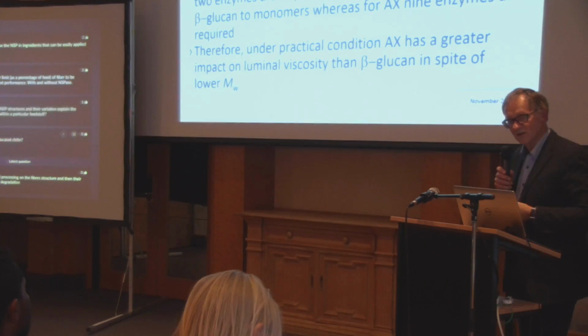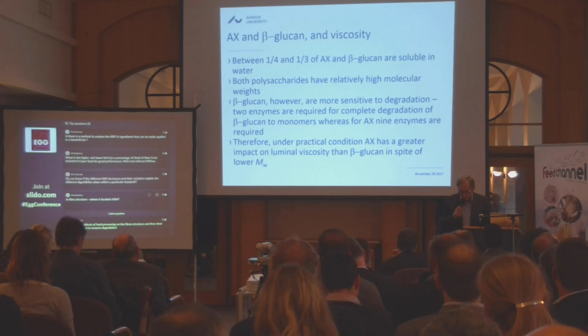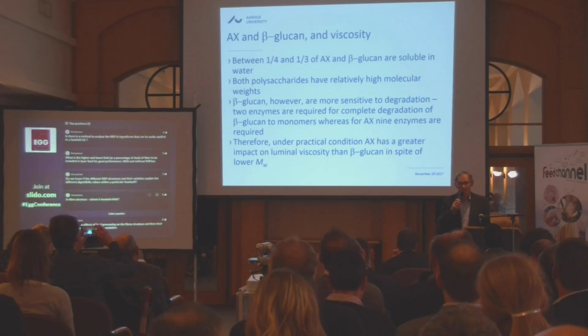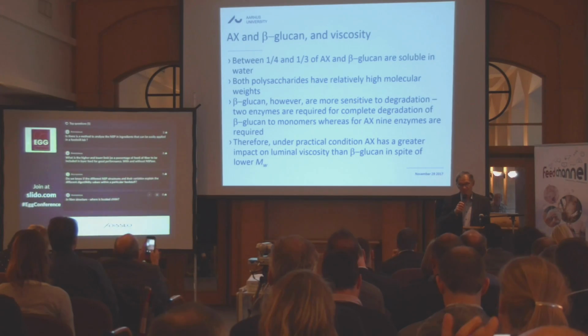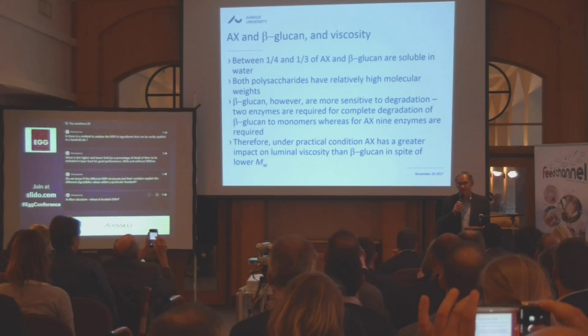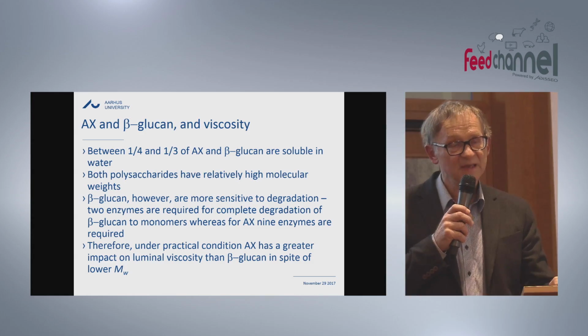And if you, for instance, look at arabinoxylans and also beta-glucans present in wheat or in cereals, you'll see that basically both polysaccharides can leak out from the cell wall structure, and they can create viscosity.